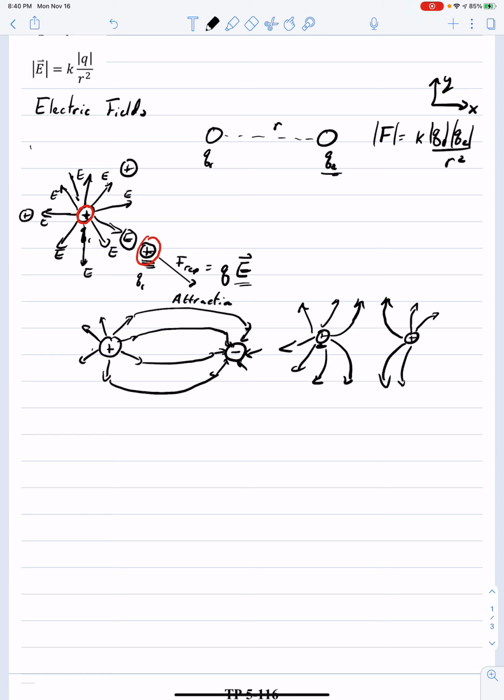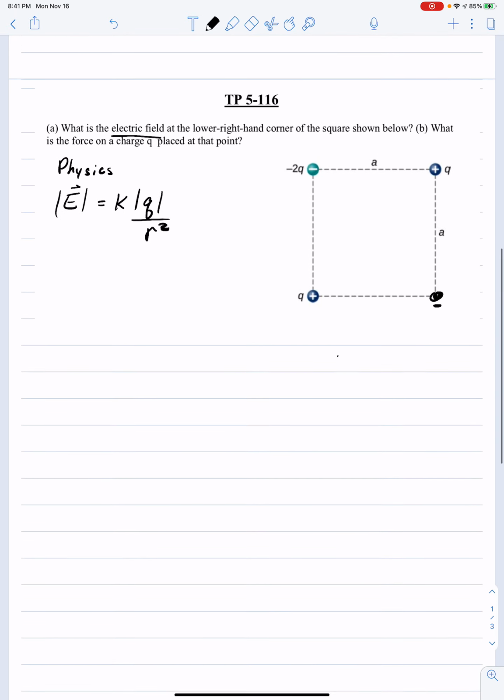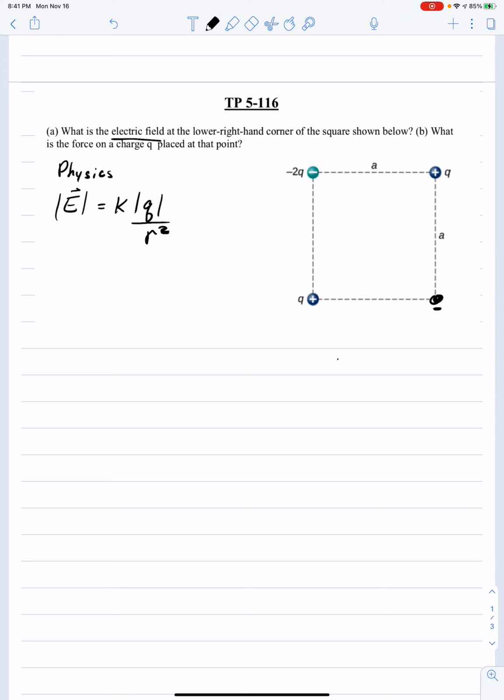Q1 is right here. So that is how you get the electric field. Since there are three particles, it's going to be negative 2Q for the charge, Q, and Q.